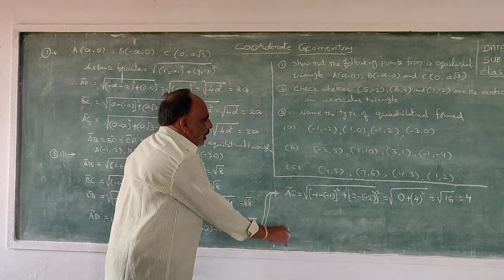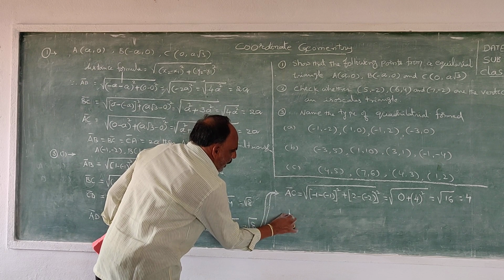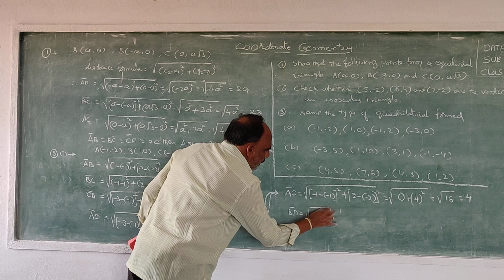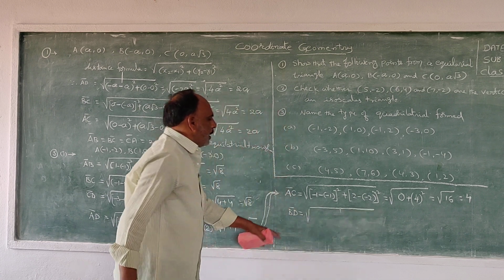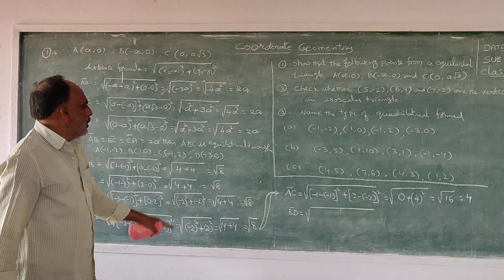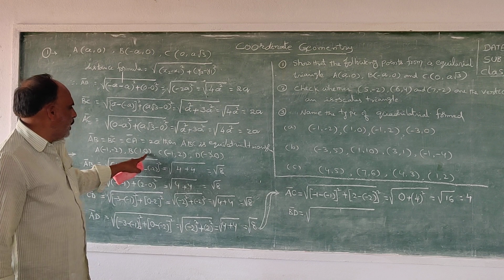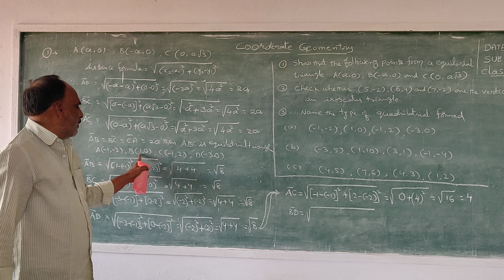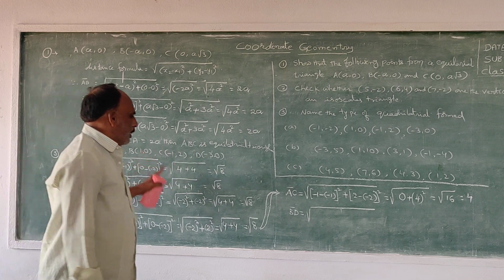And next, another diagonal BD. To compare, B is (x1, y1) and D is (x2, y2). So x2 minus x1, minus 3 minus 1.